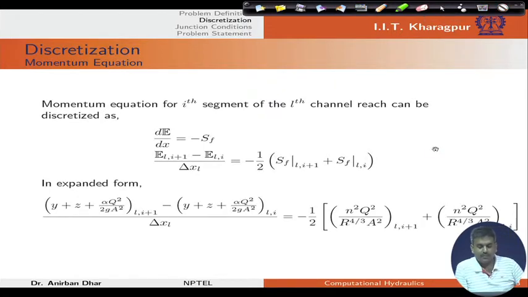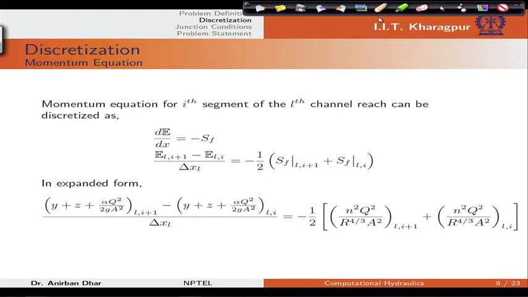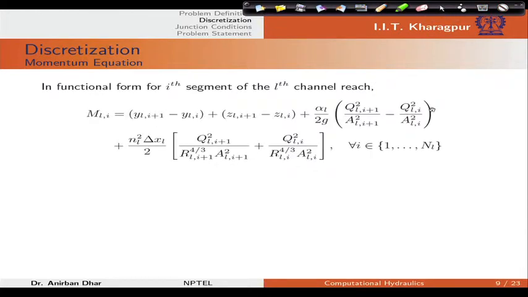In expanded form we can write this as y, z, alpha q square by 2 g A square at L I plus 1 and L I, these are the things we will get, and on the right hand side we have the averaged form of S f. Now, from here we can get the functional form.